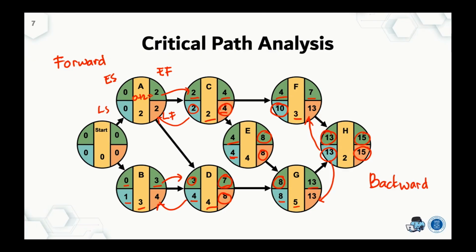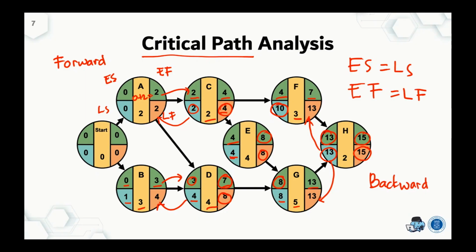Which one is the critical path in this case? The critical path is determined by simply seeing which activity has earliest start equal to latest start, or earliest finish equal to latest finish. We can use both of these criteria.